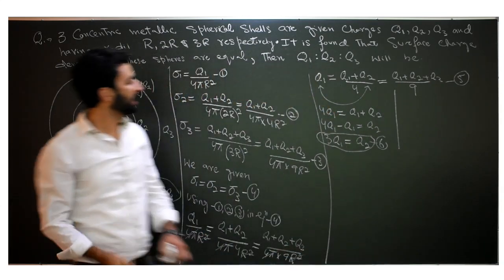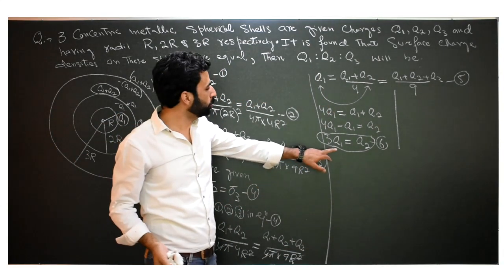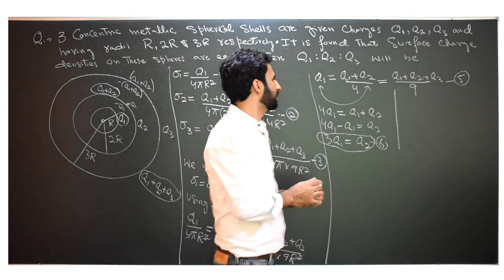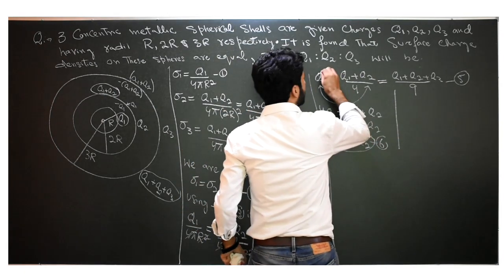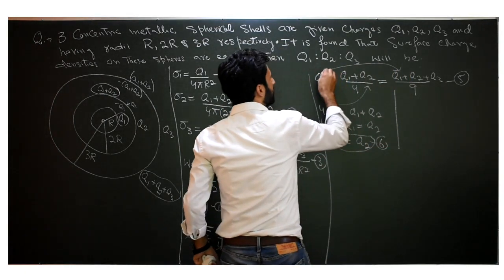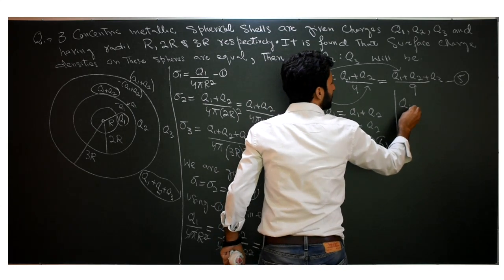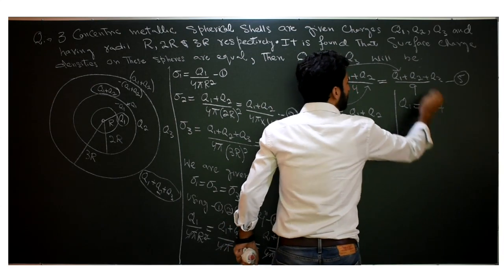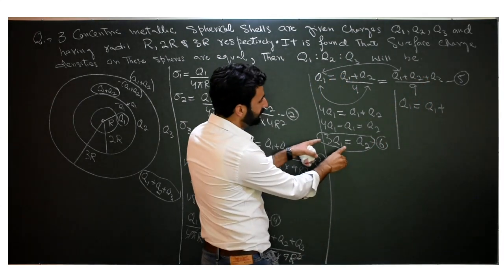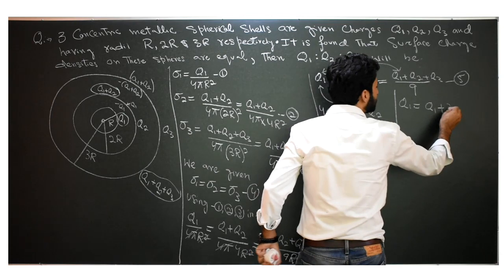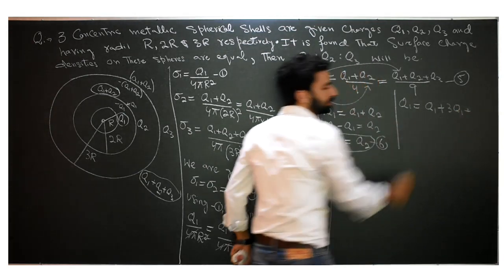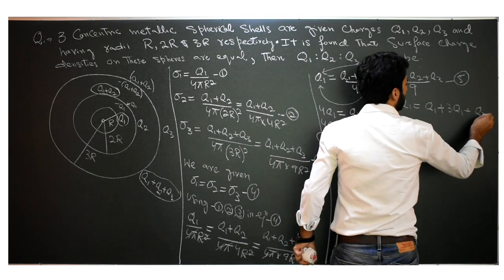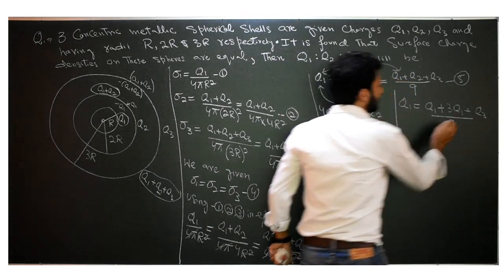Now also what we do is, we can use this value of Q2 in this equation. If you equate these two, you have Q1 is equal to Q1 plus, in place of Q2, I will be writing 3 times Q1, so it is 3 times Q1 plus Q3, divided by 9.